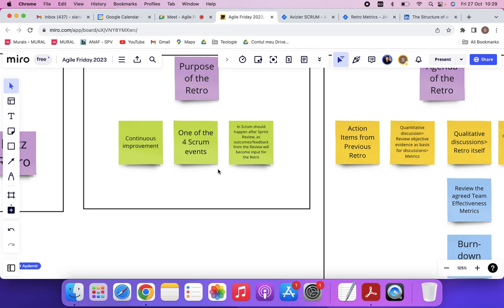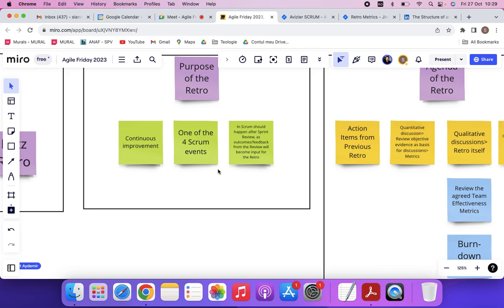So it's hard to tell them; they have to experience it by doing retrospectives, I think. Yeah, definitely, and that's why I also added this session, the structure of an effective retrospective.